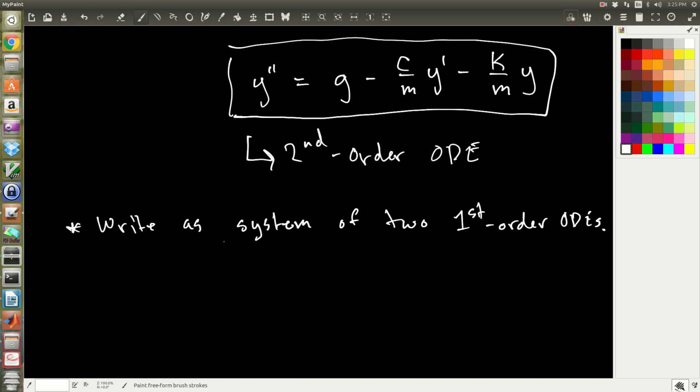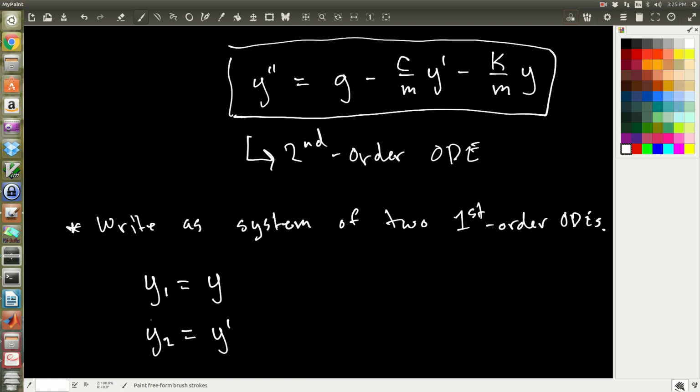Alright, so to do that, I'm going to introduce two new variables, y1 and y2. y1 is just going to be equal to the original displacement, and y2 is going to be equal to the velocity, or y prime.